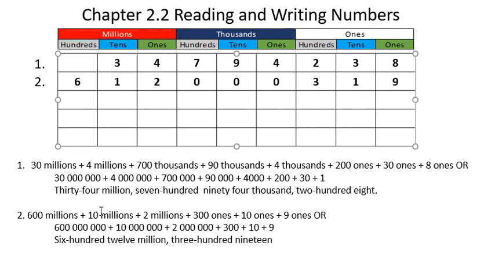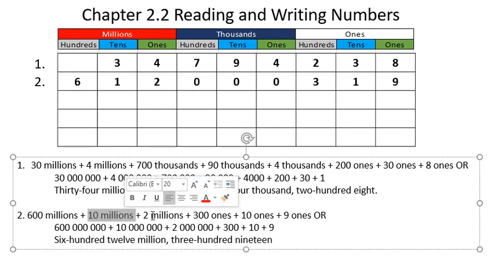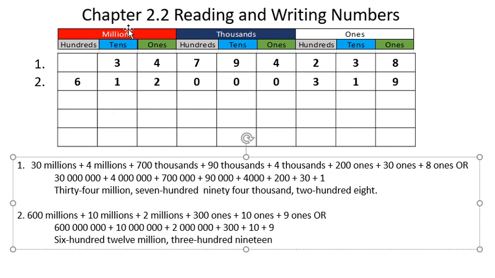So this one, we're going to write a little bit differently because we have 0 of something. So this 6 is not a 6, it's a 600 million. So here we see 600 million. This 1 is a 10 million, and that's written here. This 2 that we see is a 2 of the 1 million, so that's 2 millions.